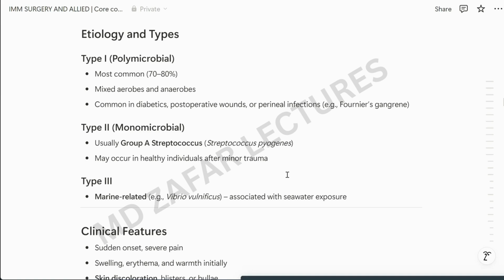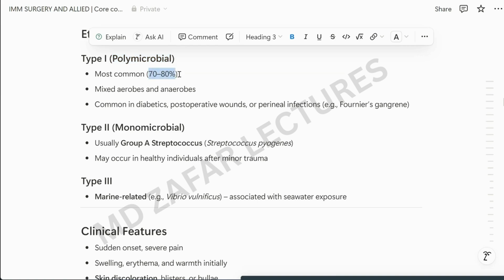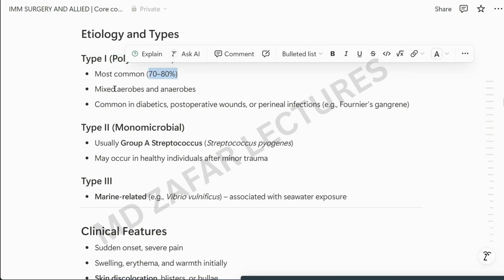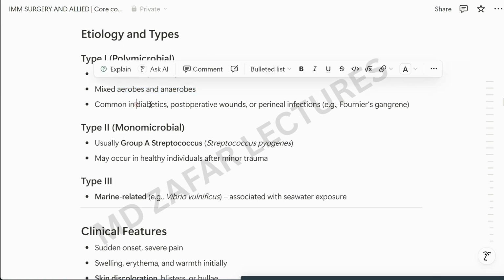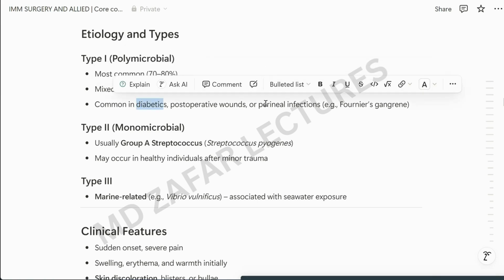Regarding its etiology and types, type 1 is polymicrobial, which is more common, around 70 to 80%, and in this both aerobes and anaerobes will be found. It is common in diabetics, post-operative wounds, and specifically in perineal infections, that is Fournier's gangrene. Then we have another type, type 2.